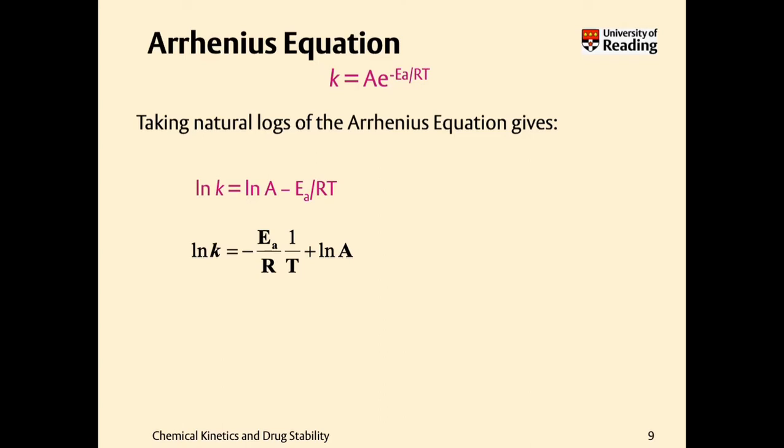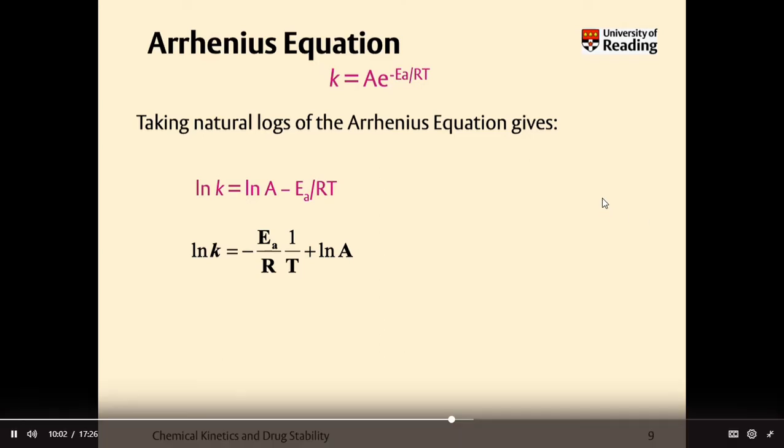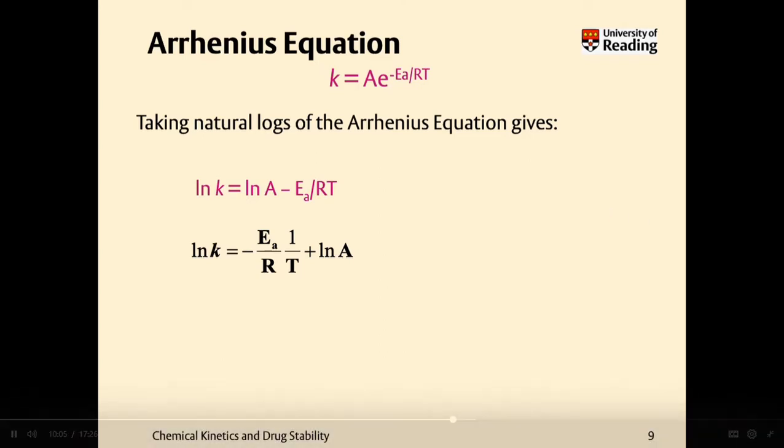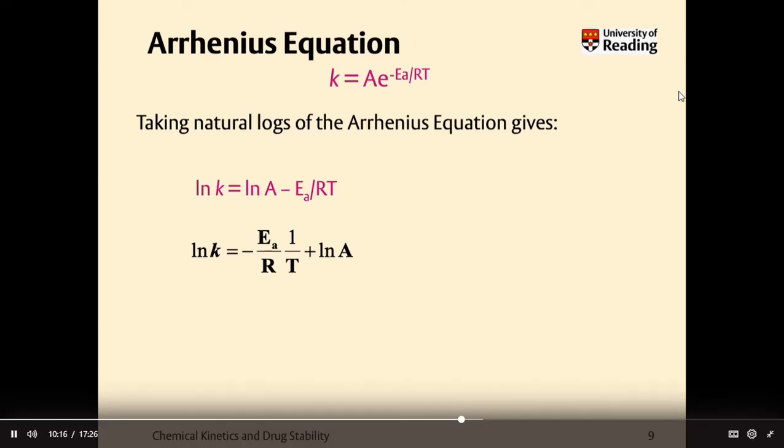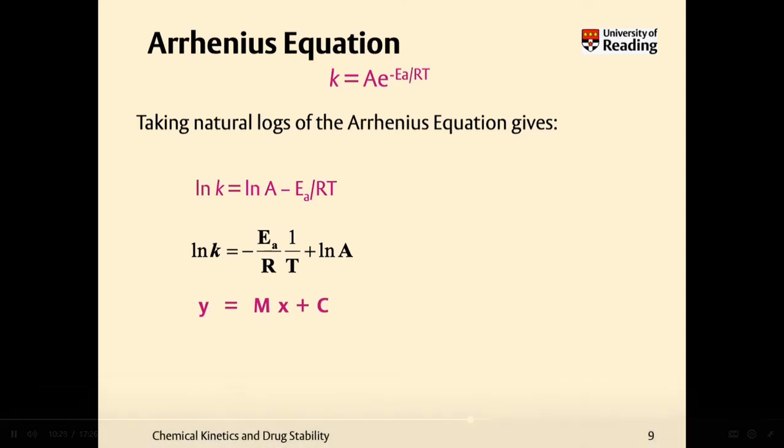Now, if I just rearrange that a little bit to put it in a slightly different format, so I'm going to move the minus EA over RT and put it in front of the log of A just to give it a slightly different appearance, you can see that this can be linked to a y equals mx plus c equation. So the two variables here are the rate constant, which changes with temperature, and 1 over temperature. The other terms are constant.